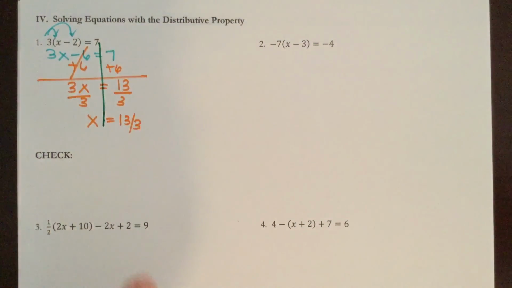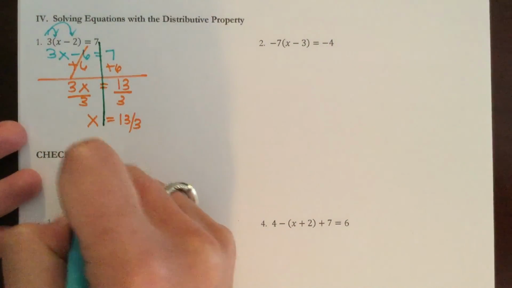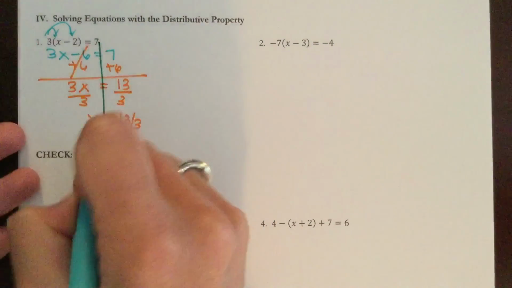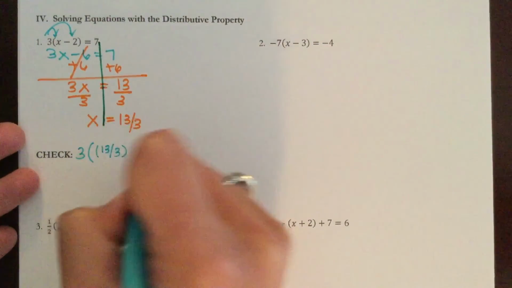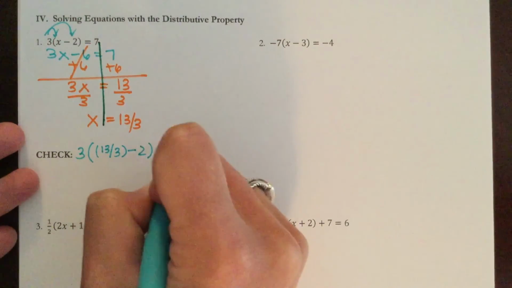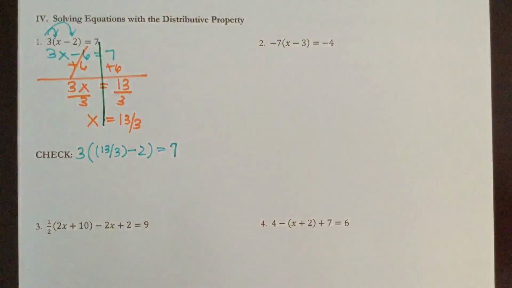Our next step is to check. We are going to take 13/3 and plug it into our equation everywhere we see an x. This is now going to be written as 3 times, and in place of x we're going to put in the fraction 13/3 minus 2. And what we want to know is if we get 7.